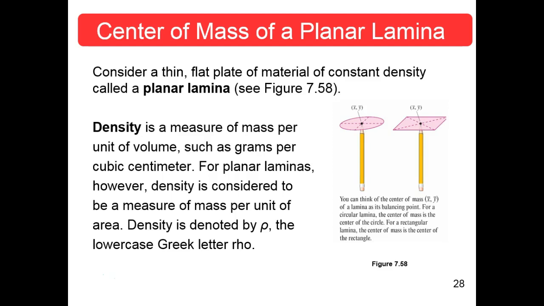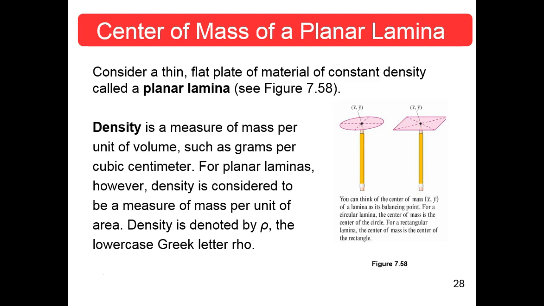Okay? Density is a measure of the mass per unit volume. That's what density is. Such as grams per cubic centimeter, kilograms per cubic meter, pounds per cubic foot, anything such as that. For planar laminas, however, the density is considered to be a measure of mass per unit area.